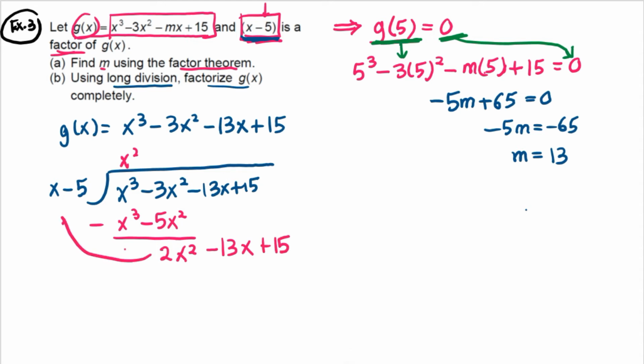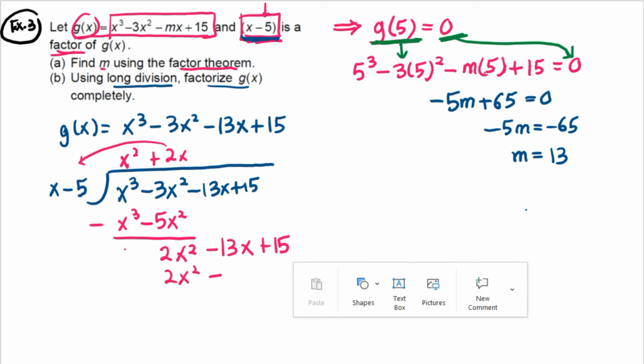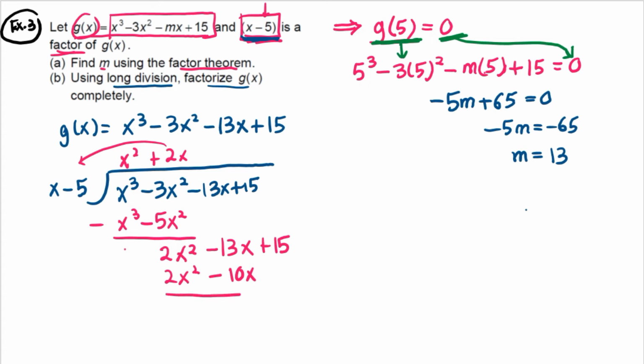Now I divide again: 2x squared by x, so I have a positive 2x, and then I multiply back 2x, so I'll have 2x squared minus 10x. Then you subtract here, so this will become 0.